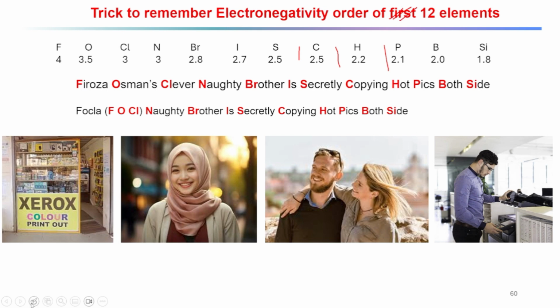Now how to remember? You have gone to a Xerox shop to make photocopies of some important documents, and then you saw that your friend Firoza Osman's brother is there, and he is secretly copying some photos of girls. So you can remember: Firoza Osman's clever naughty brother is secretly copying hot pics both sides.